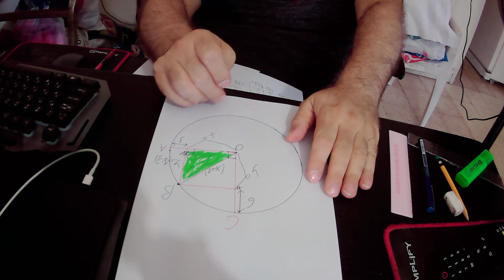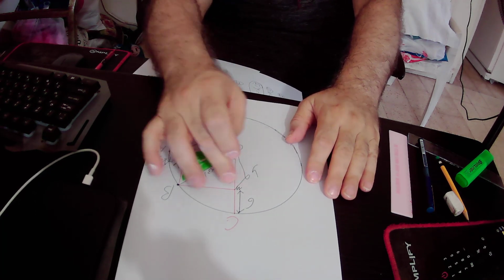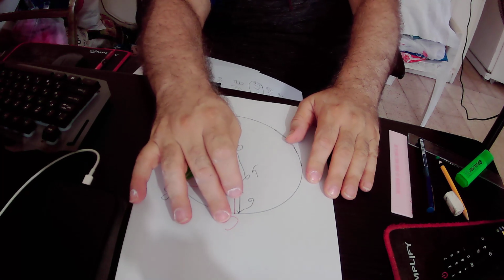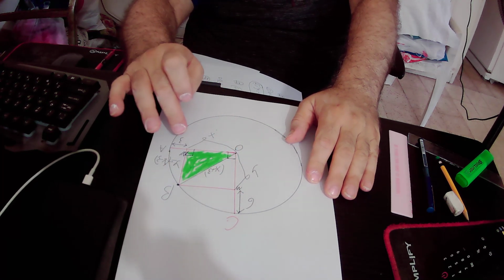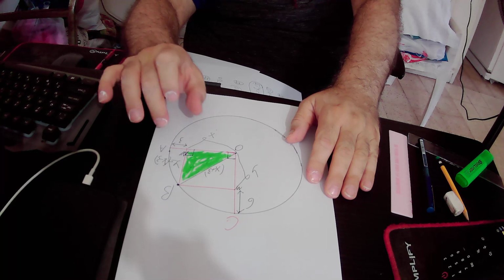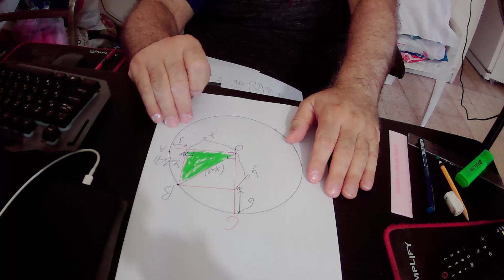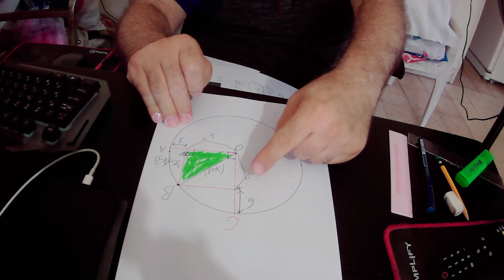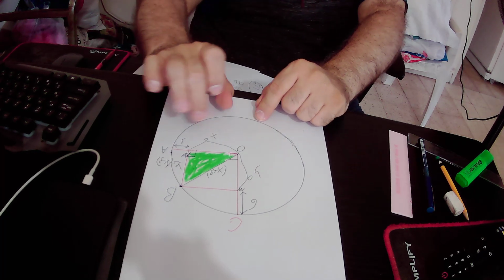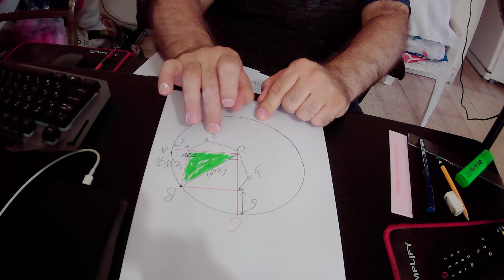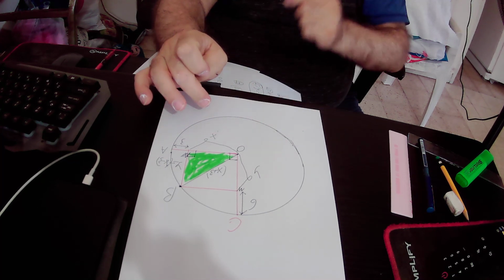We defined this point as M, so line segment CM is 6 units, and we defined this point as N, so line segment AN equals 3 units, and then we defined line segment ON as x.